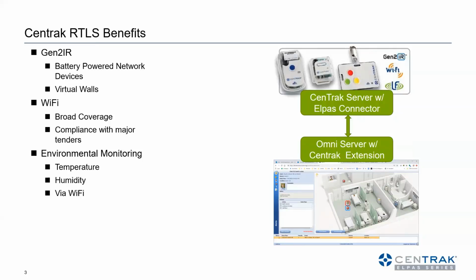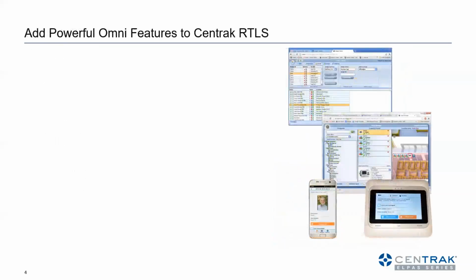And of course, you can mix and match. You can have, let's say, an infant abduction system using Elpas hardware and an asset tracking system, or a Wi-Fi based panic alarm system with Centrak, all using the Omni software.